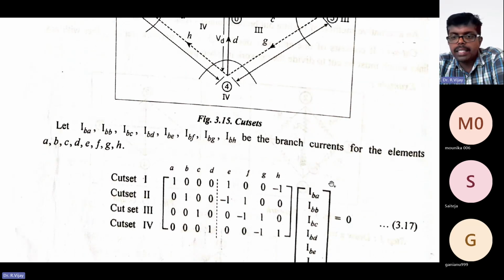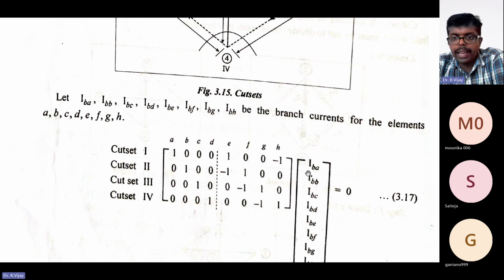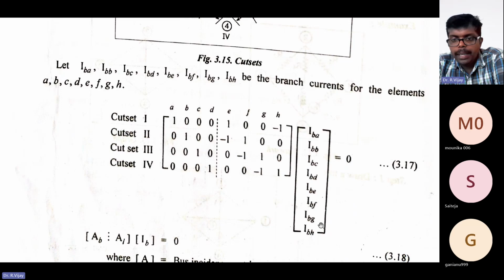So the matrix times IBA, IBB, IBC, IBD, IBE, IBF, IBG, IBH is equal to 0.